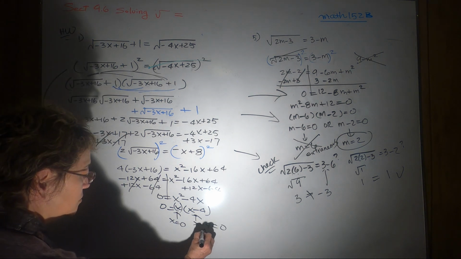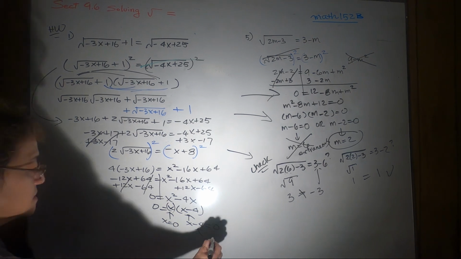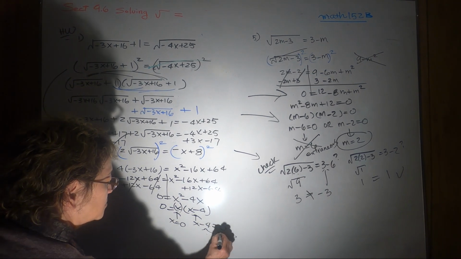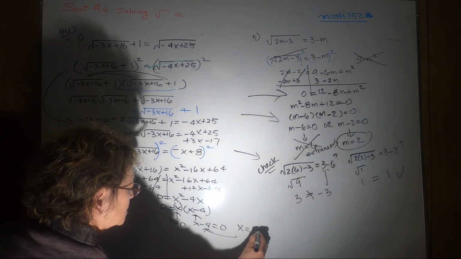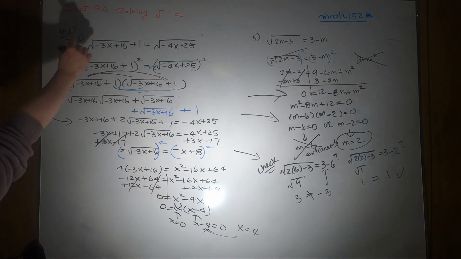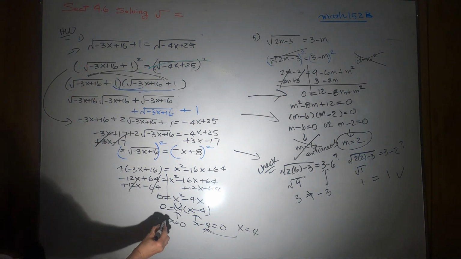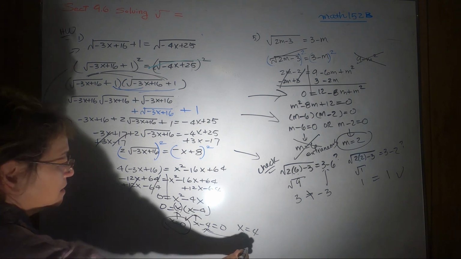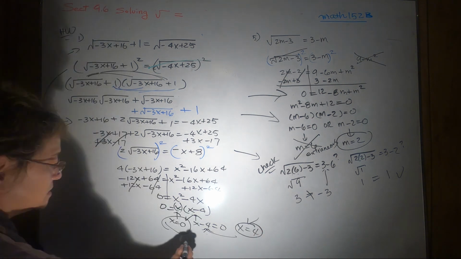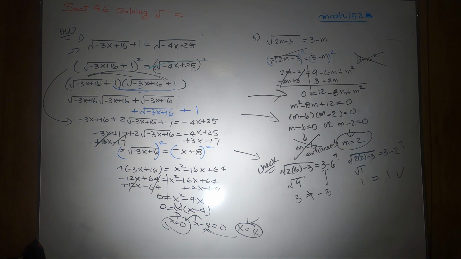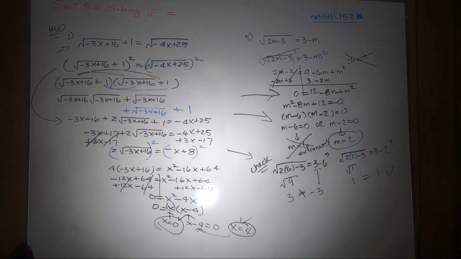Then this one, we have x equals 0. This one, x would be what? Equals 4. Then you have to plug into the original, see if you can circle the answer. So you plug in and check. Make sure it's working before you circle the answer. Right?